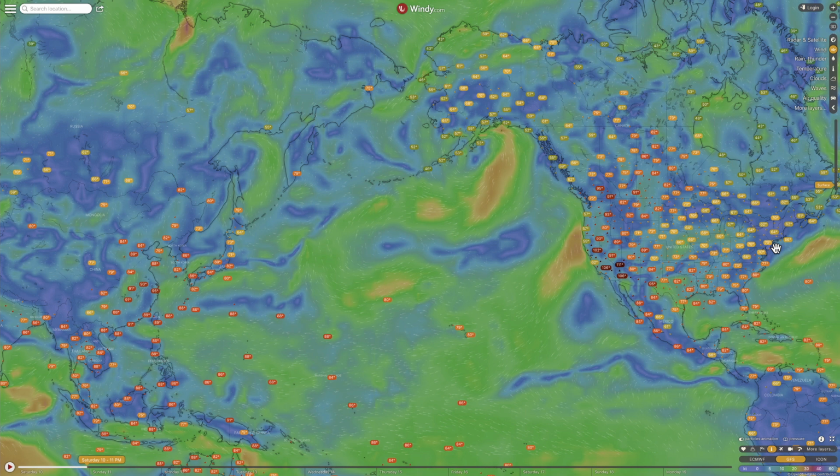Wind is a vector, and we do that now by putting a streamer or a line or an arrow at each region of space, the length of which corresponds to the magnitude, the direction of which corresponds to the direction. And so you can see these little streamers on the map showing us both how strong and in what direction the winds are blowing.